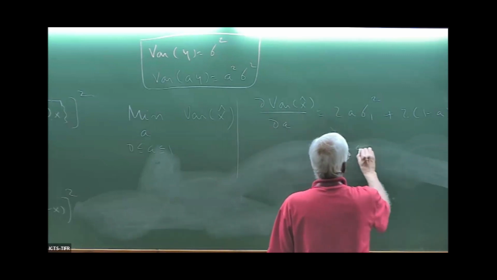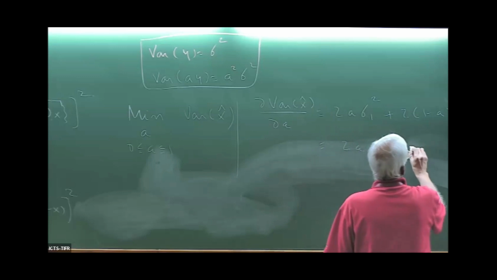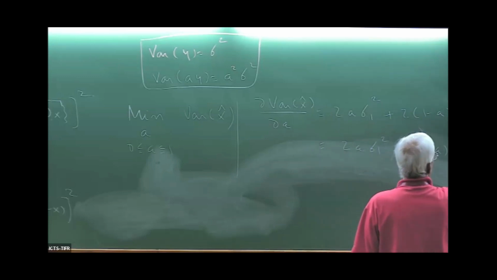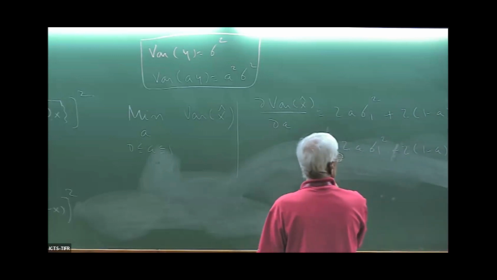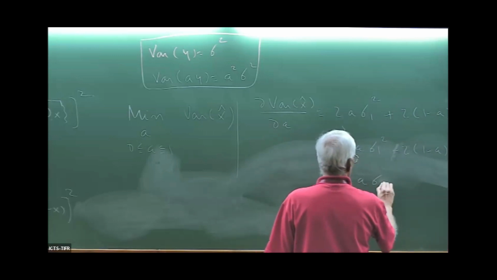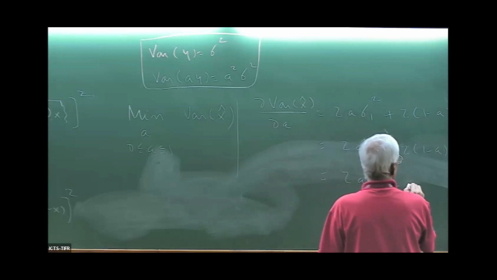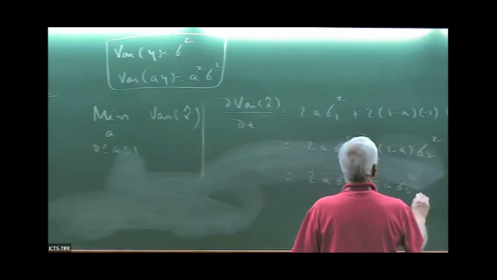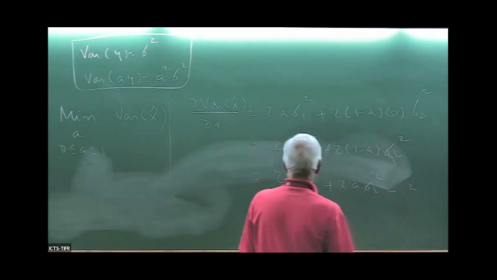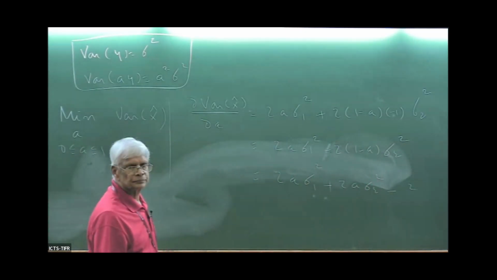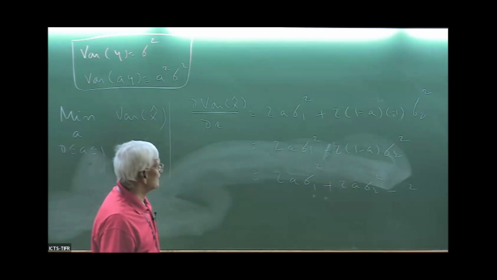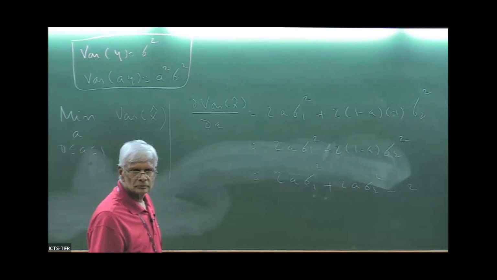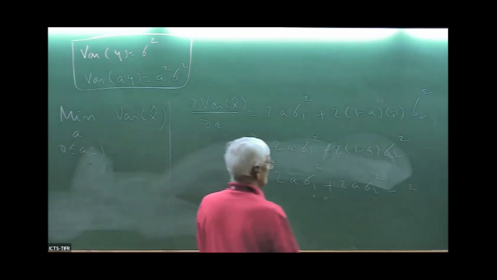So this is equal to 2A sigma 1 square minus 2 times 1 minus A sigma 2 square. Check my arithmetic, please. Make sure I don't screw it up. And I have to equate it to 0.